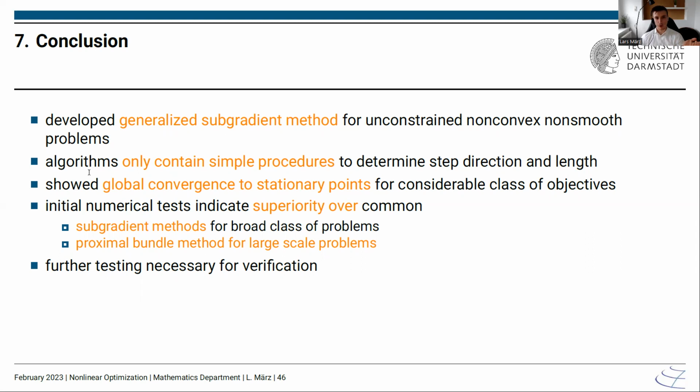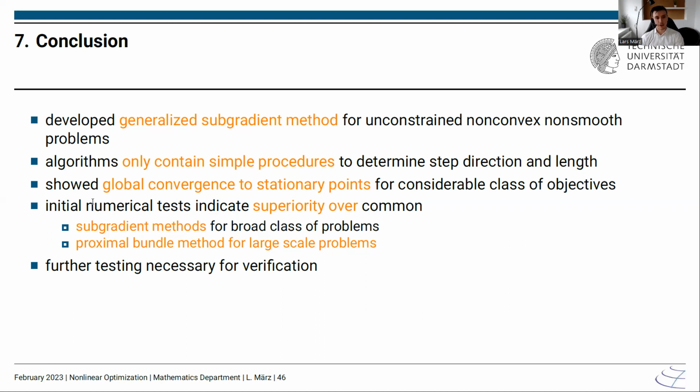We have shown global convergence to stationary points, starting from H-delta stationary points to Clarke stationary points. And the initial numerical tests indicate the superiority over the subgradient method in all of the problem categories we considered, and the proximal bundle method, at least for large-scale problems.